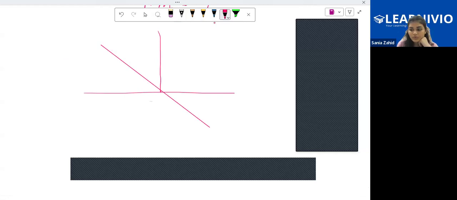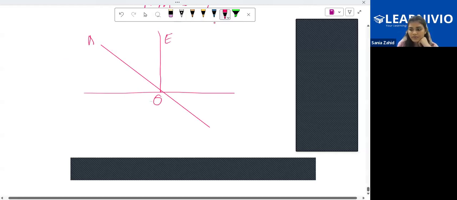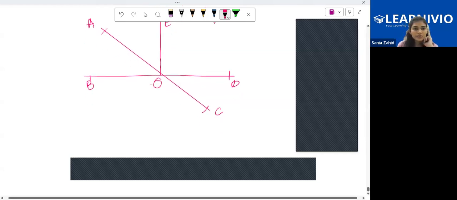This is point O. This is E. This is A, C, B, and D. Now in the given figure, you have to name the following vertically opposite angles.